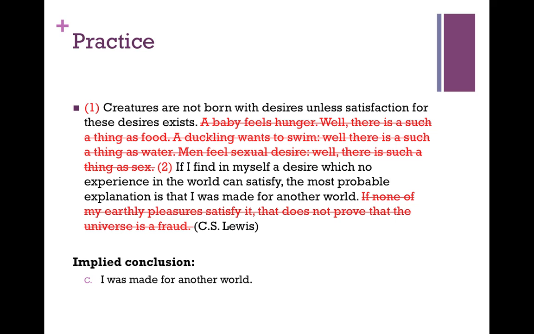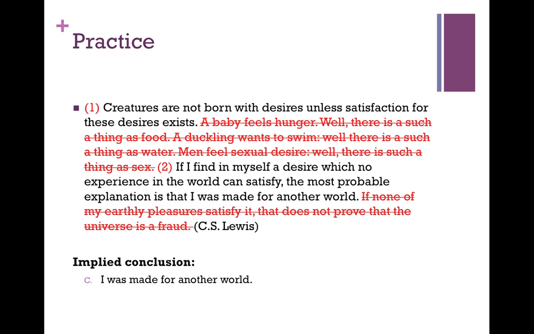And the reason I say that is it seems that he wants to make a more definitive conclusion than just a hypothetical one. He doesn't want to just say, well, if this were the case, then I would be made for another world. He wants to say, no, I am made for another world. He wants to draw an actual definitive conclusion, not just a hypothetical conclusion.